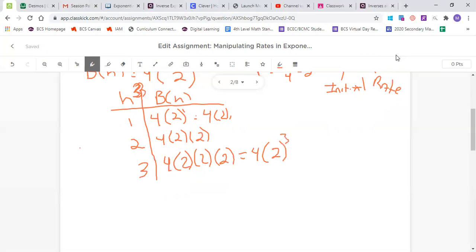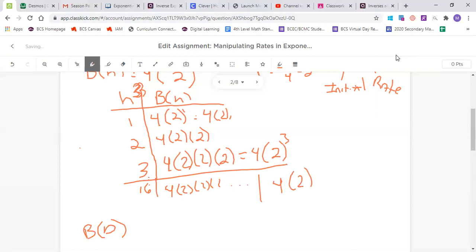Now, since we've written the equation for bacteria based off of hours, we can move to bacteria based on days. Let's say I got to 16 hours. I would have to do 4 times 2 times 2 times 2, and I would do that until I got all the way to 4 times 2 to the 16th power.